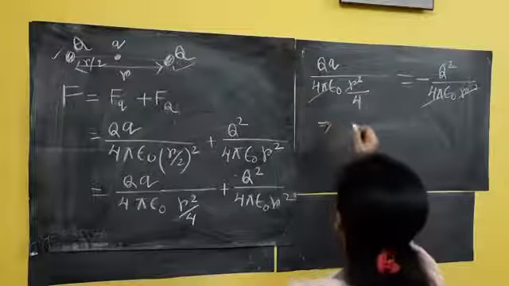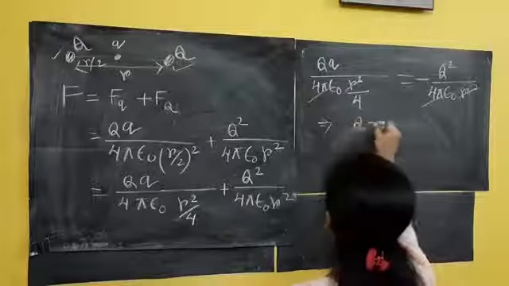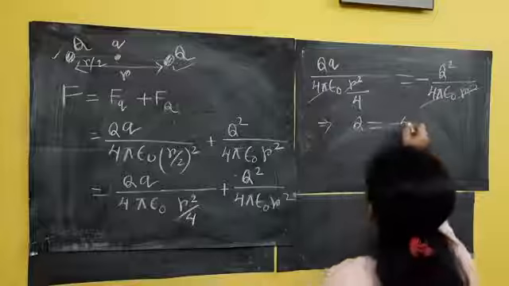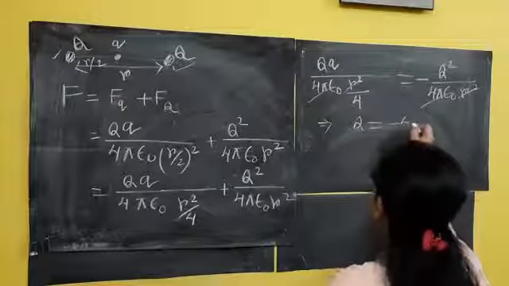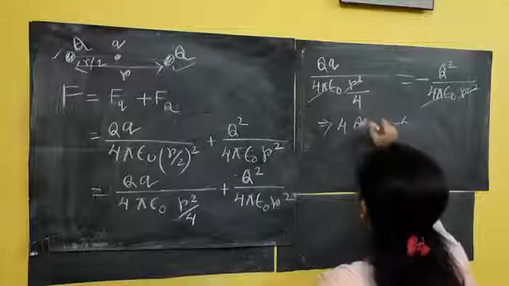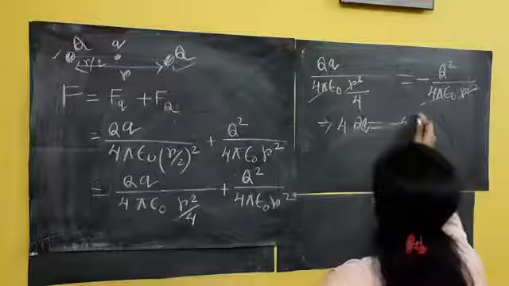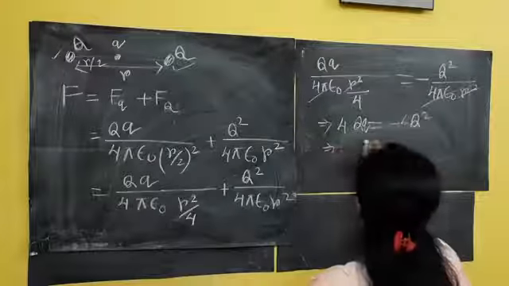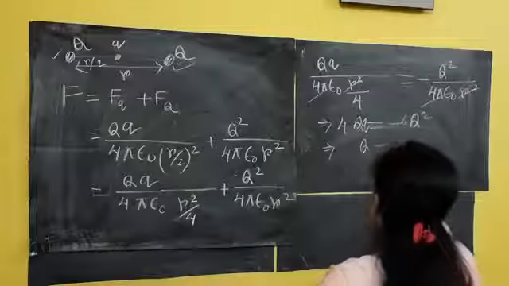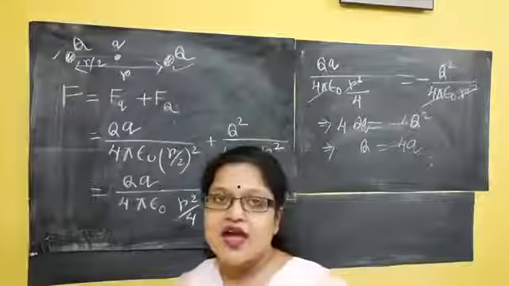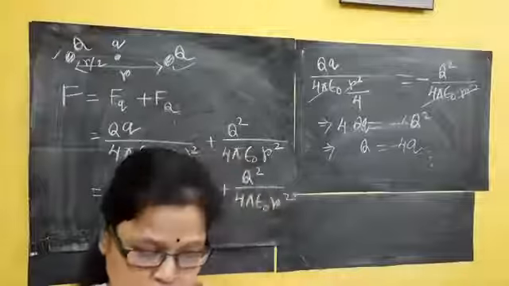So I will get 4QQ equal to minus Q square. So QQ cancel out, so Q equal to minus 4Q. That is the value of this Q for that to be in equilibrium condition.